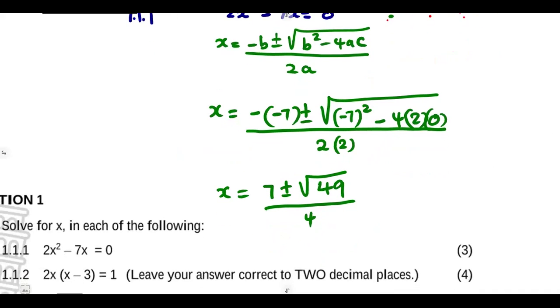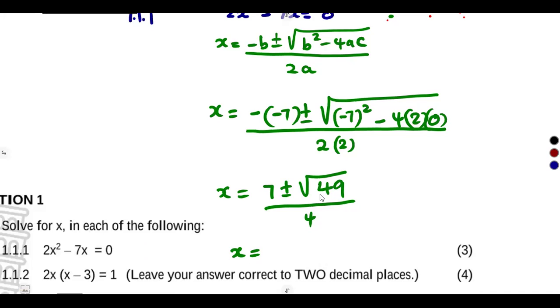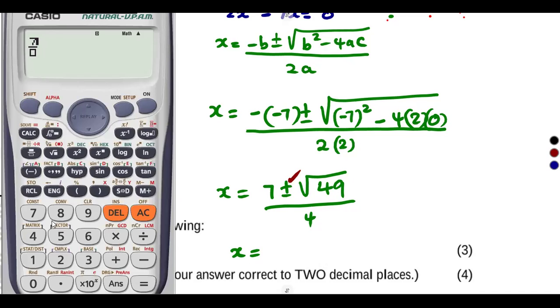So from this, we can simply use our calculator to simplify this part. We put the fraction. Let's start with the plus. Sorry for that. So that is 7 plus the square root of 49, everything over 4 like this.